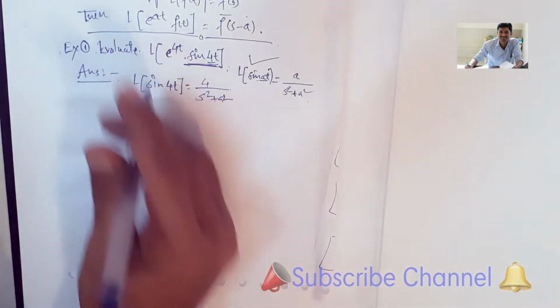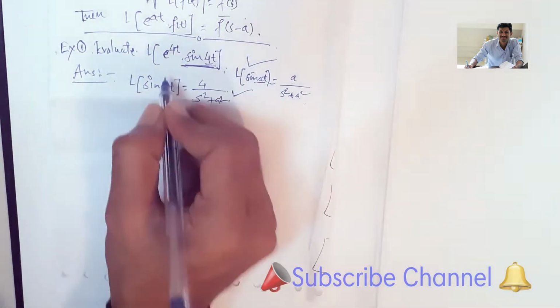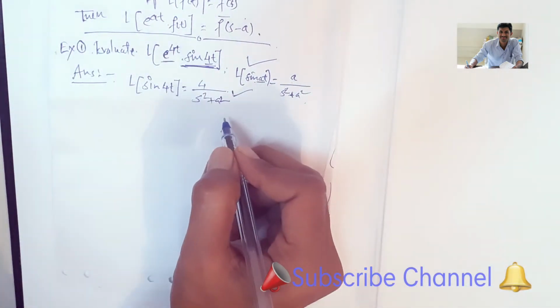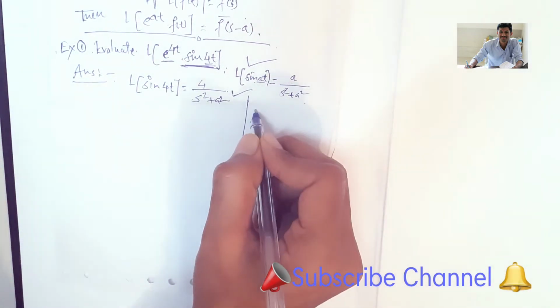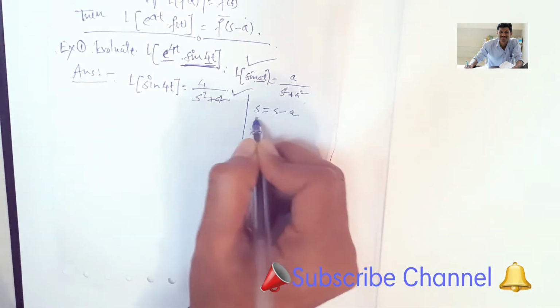Now after finding this Laplace transformation, we multiply by e raised to power 4t. That time we have to replace s with s minus a.